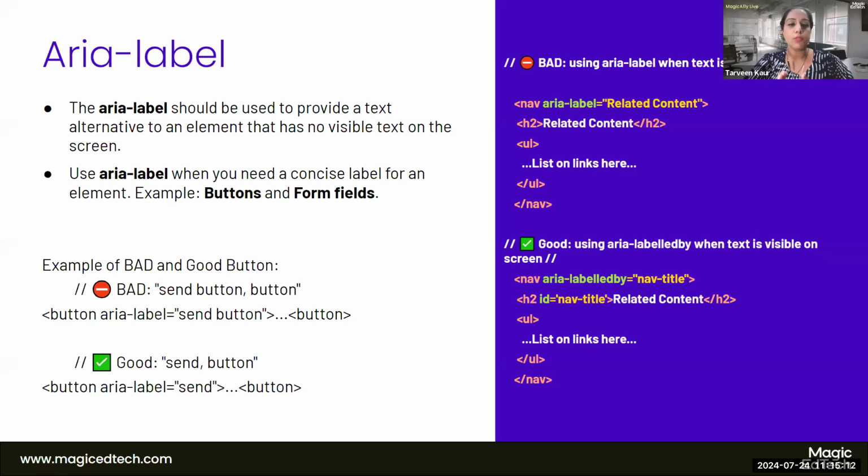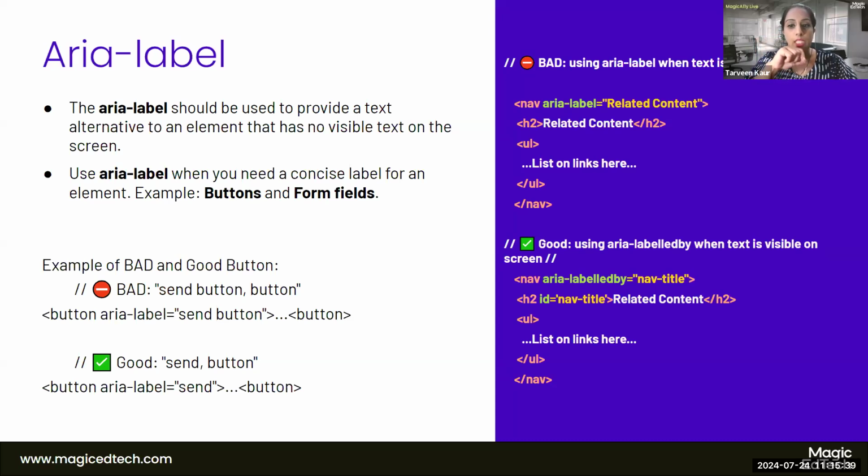If you see the example on the right side of the screen, we added that there is a nav. ARIA label is defined as related content, and related content is defined as H2. And then there are list items after that navigation menu, which is ideally not right because the visual label will not be visible to the user.